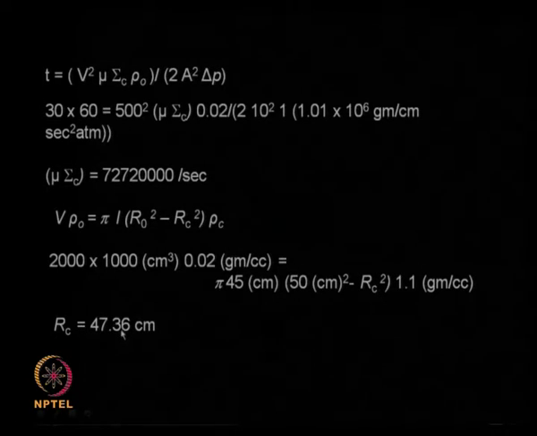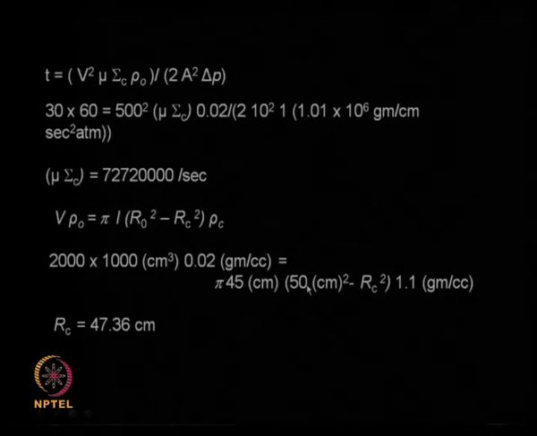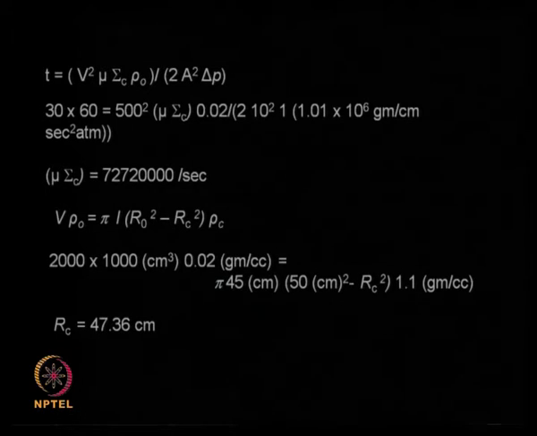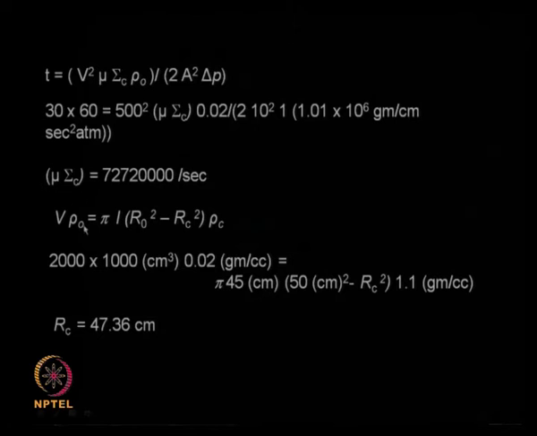So RC is calculated as 47.36. So you see the thickness of the cylindrical cake that is formed during the centrifugal operation will be 50 minus 47.36, do you understand. So that will be around 2.74 centimeter. So a 2.74 centimeter thick cylindrical cake is formed with V rho naught quantity of the solids present in your slurry.